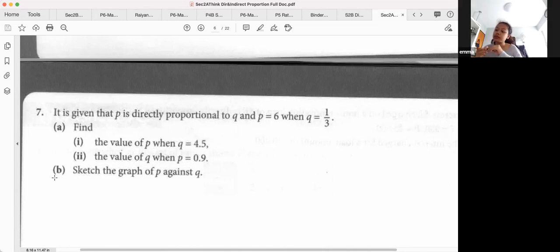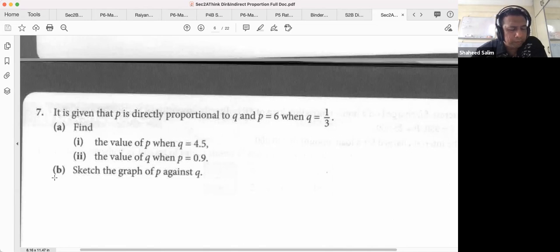Is P supposed to be Y? P is supposed to be Y. Oh, okay. Yeah, you can. You can try, no problem.